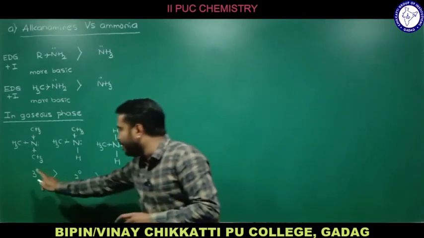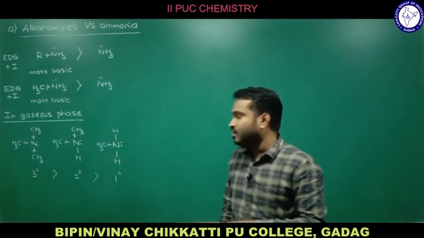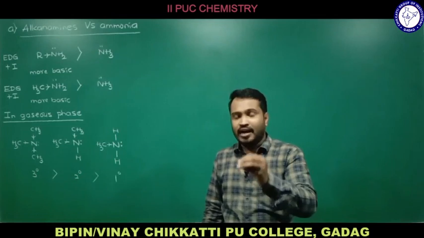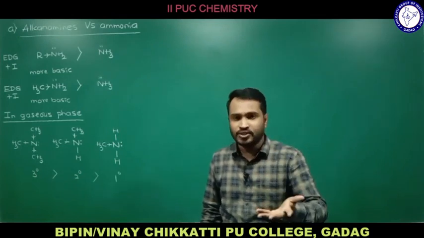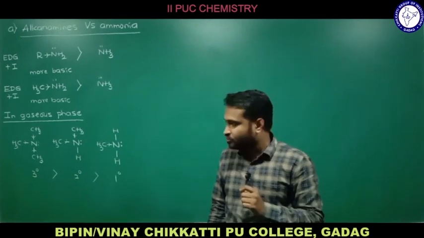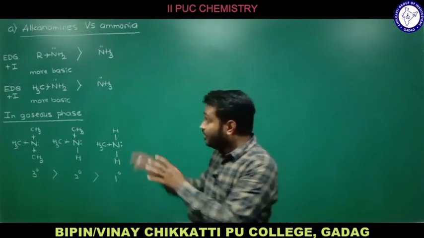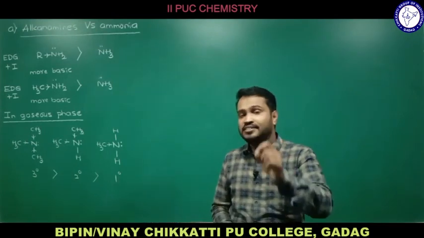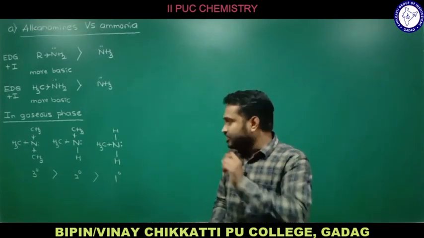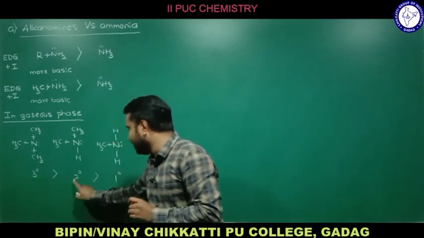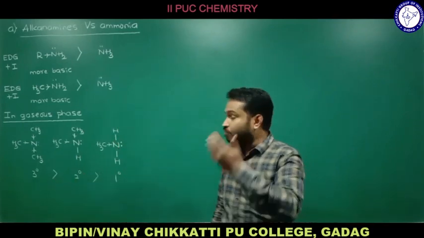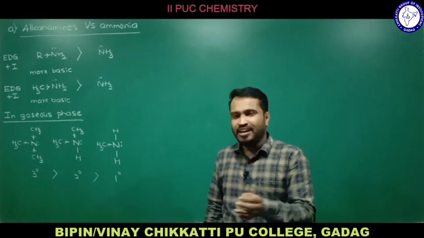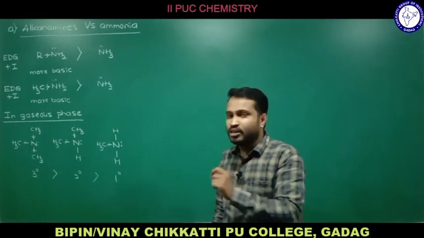When you compare tertiary, secondary and primary, in the tertiary amine the electron density will be greater since we have 3 methyl groups. Because of that reason, I can say that in the gaseous phase the basicity order of amines will be tertiary, secondary and primary; the most basic will be the tertiary amine and the least basic will be the primary amine.